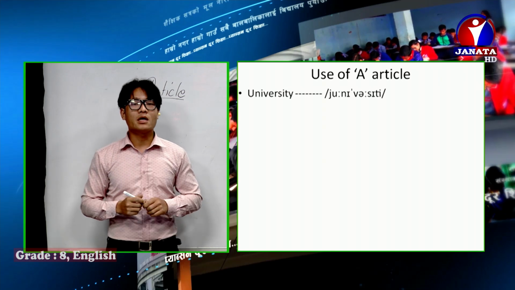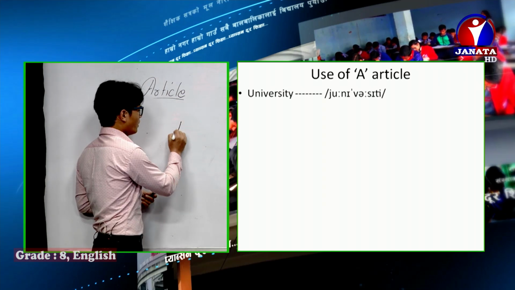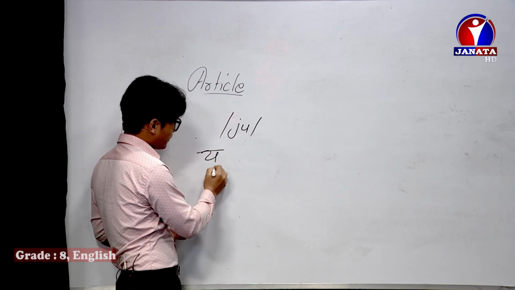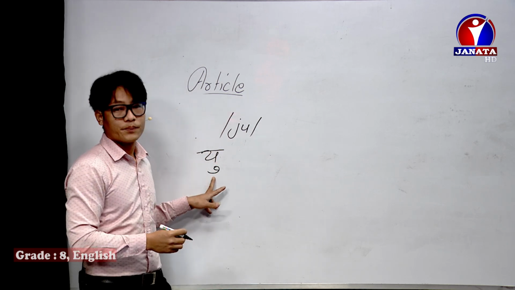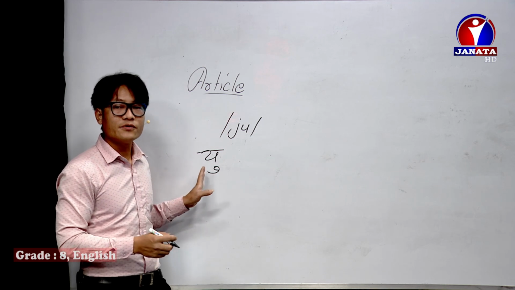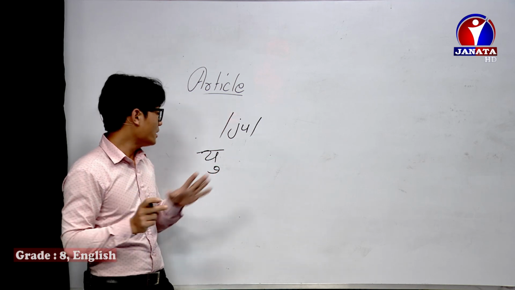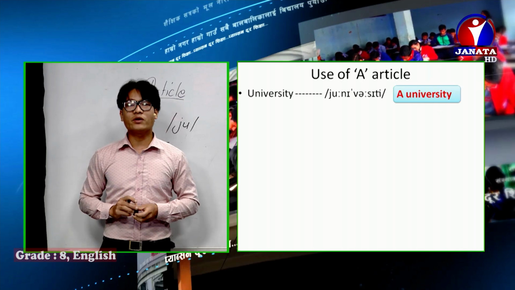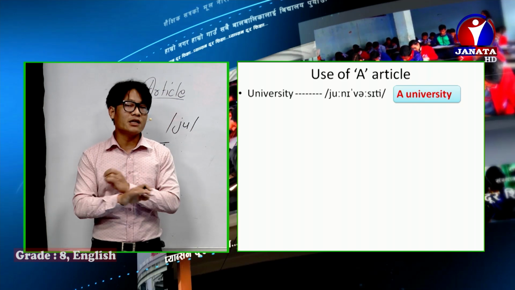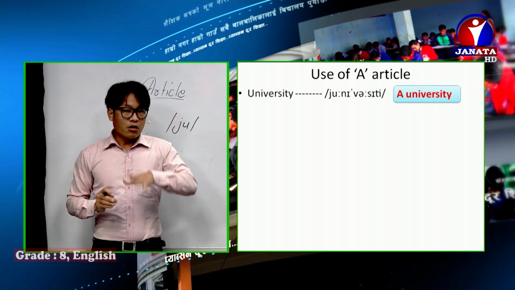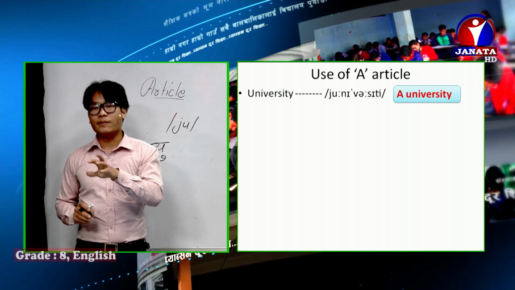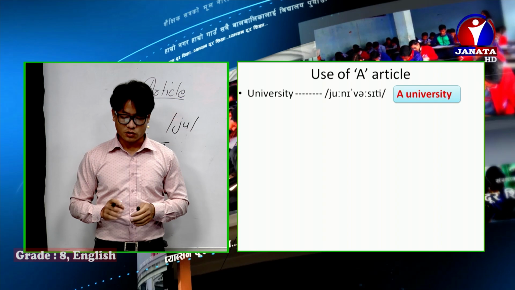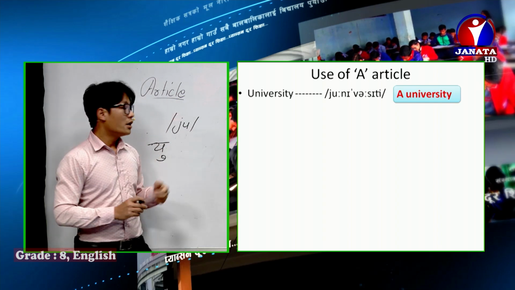So it's pronounced 'yu-niversity'. And this 'ya' sound comes in Nepali, this letter comes from ka, kha, ga, consonant, okay? So that's why we are going to use a university, not an university. According to the U vowel letter, if you use an, then that becomes wrong. So we should use a university.